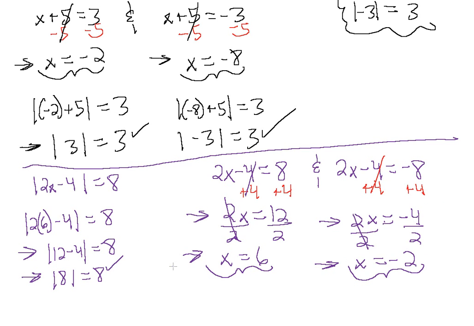All right, let's look at minus 2. So we have the absolute value of 2 times minus 2, minus 4, excuse me, I'm running out of room here. The absolute value of 2 times minus 2 minus 4 equals 8. 2 times minus 2 is minus 4, and we have our other minus 4.